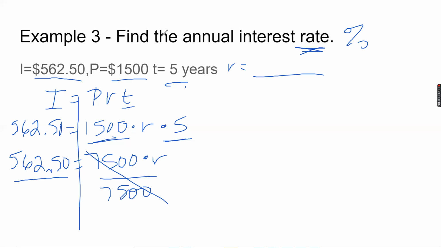Whatever you do to one side, do it to the other. So divide by 7,500. In my calculator, I am typing in 562.50 divided by 7,500.